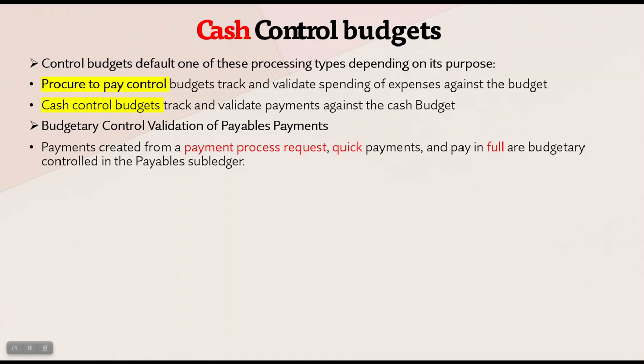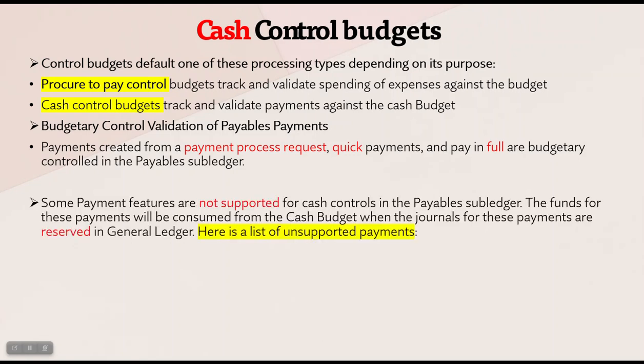The payment can be created from a lot of things: manual, quick, pay in full, payment process request. Because later we will see that there are some payment types not supported through cash control. Some payment features are not supported for cash control in payables subledgers. The funds for this payment will be consumed from cash budget when the journals of these payments are reserved in GL.